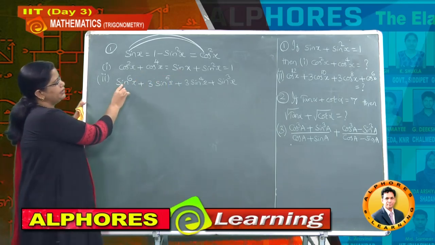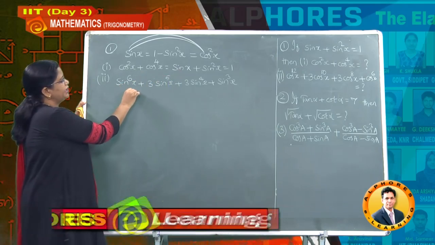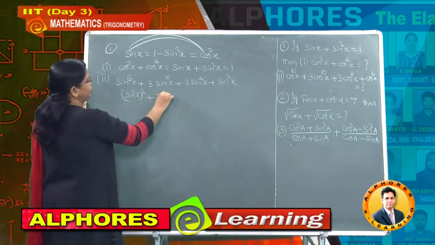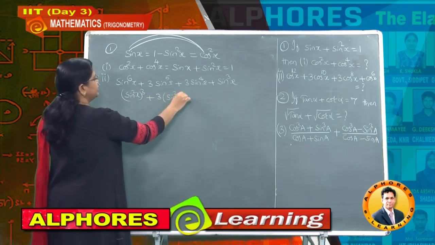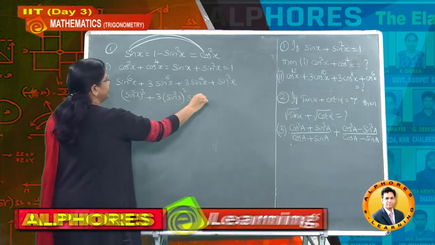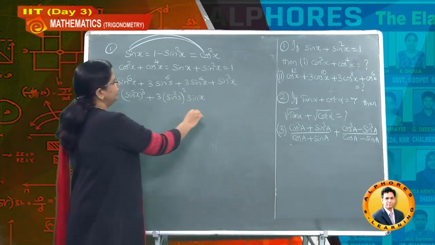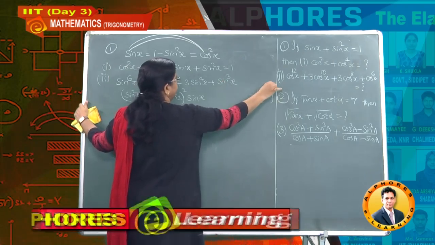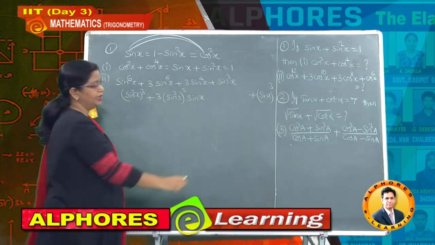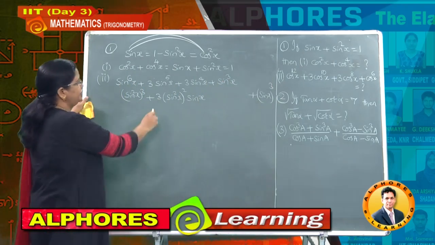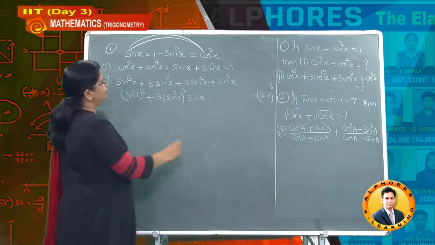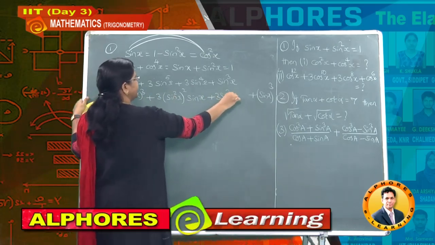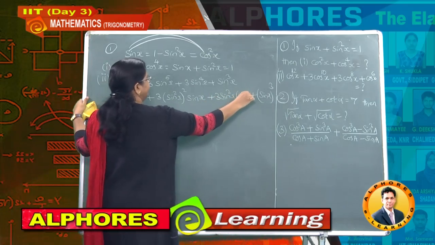After reducing the powers, now I am writing this as sin square x whole cube, and after that this one is 3 into sin square x whole square, and the other one I am writing as sin x, and next this value, because this value is nothing but sin x whole cube, and you got a cube, and the last one is b cube, and here you got 3a square b, and now I will write the other term as 3 into a, that is sin square x, and b square, that is sin square x.